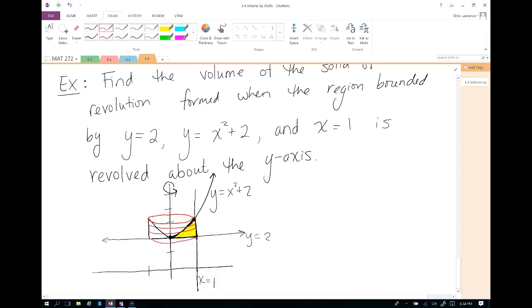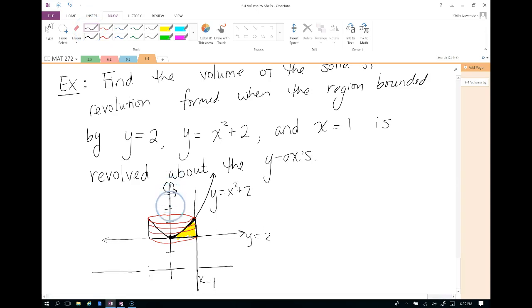On the outside it looks like a cylinder, but if you look inside, there's a bowl shape carved out of it. Since we're going around the y-axis, I'm going to use the shell method. Just automatically, that's the first thing I'm going to try.